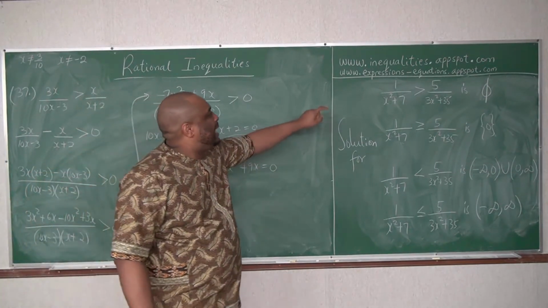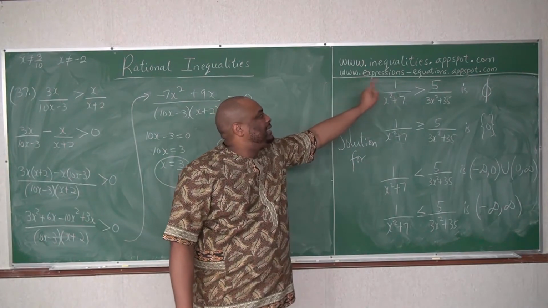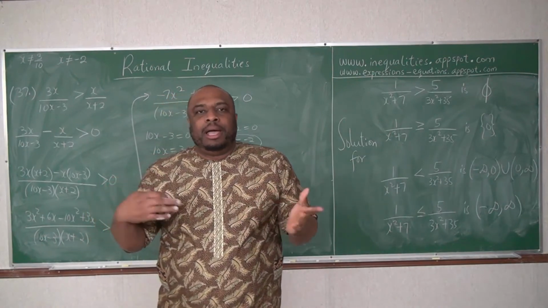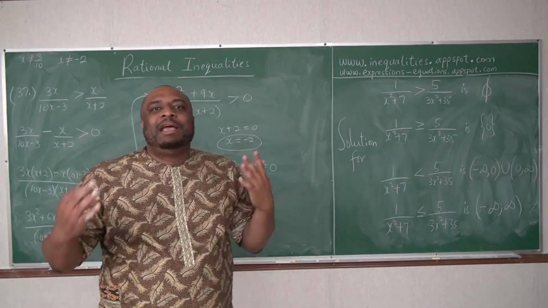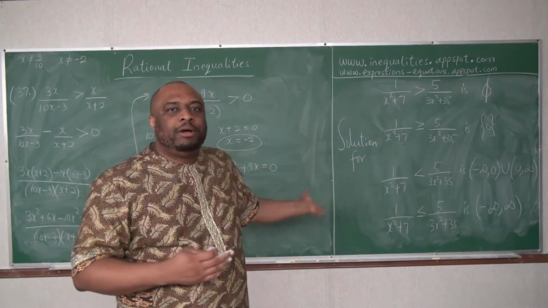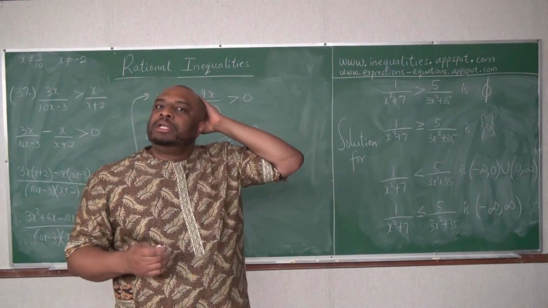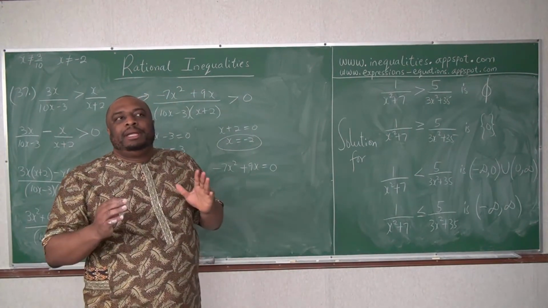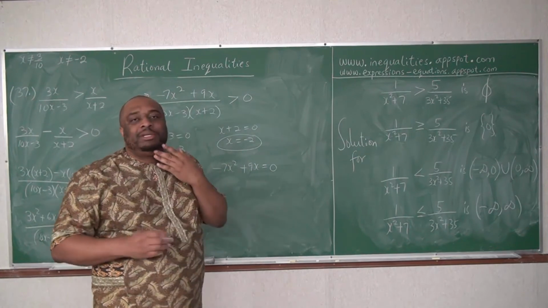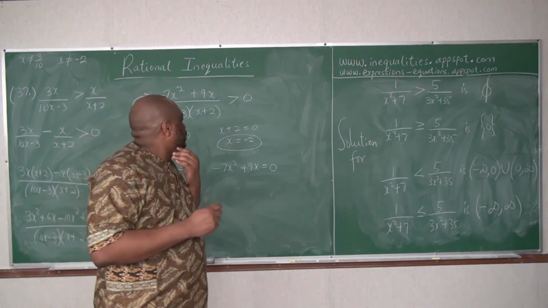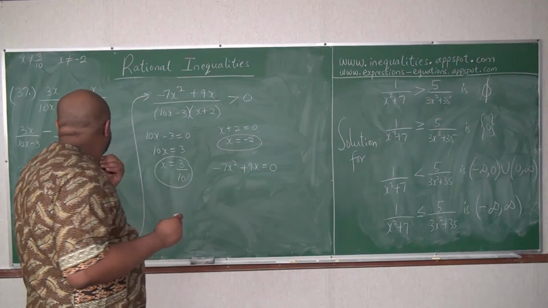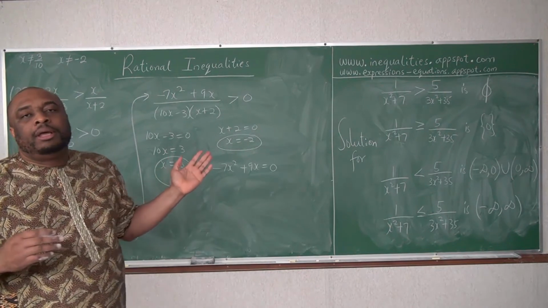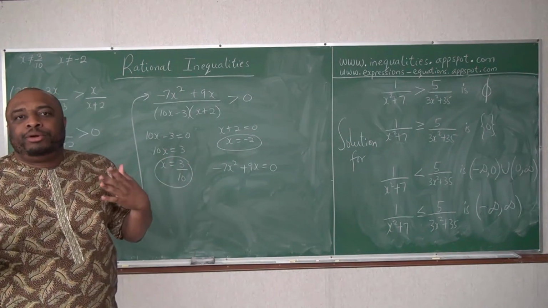If you go to this website here, expressions-equations.axpot.com, I explained several ways that you can solve incomplete quadratic equations. When the third term is missing, as you have here, because this is a quadratic equation, it has two roots. So the best thing to do is to factor by GCF and then use the zero product property.